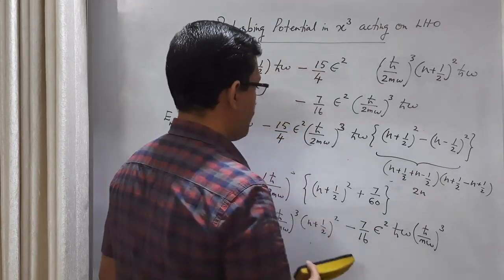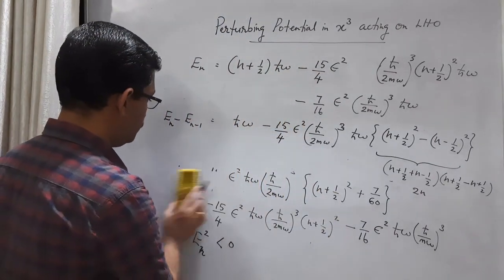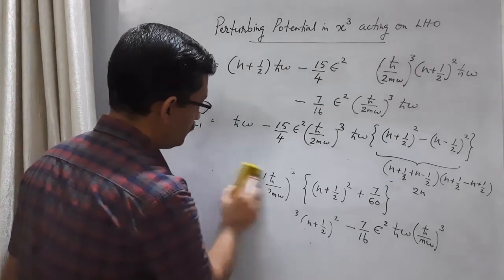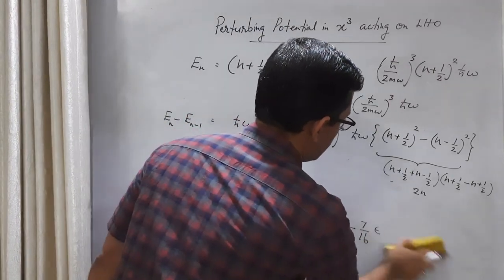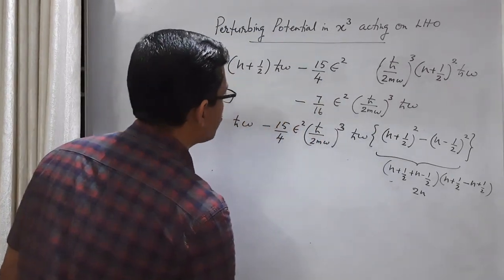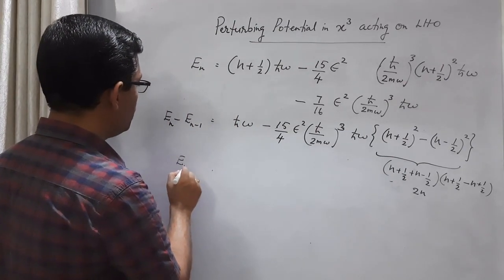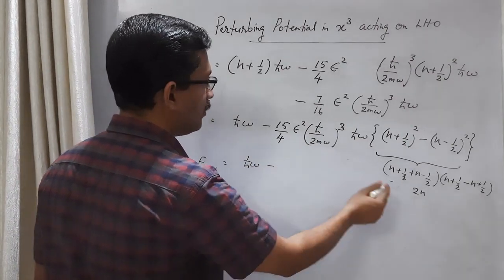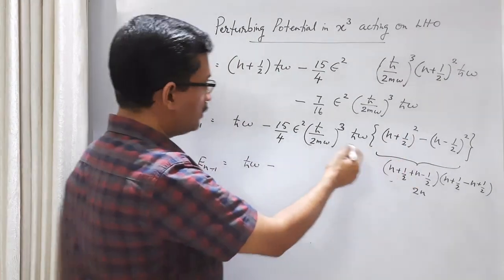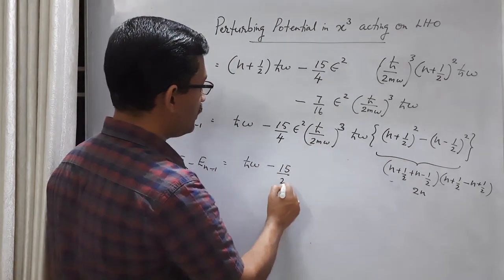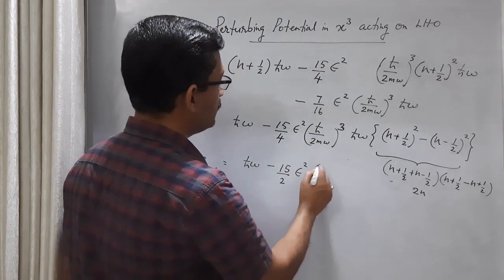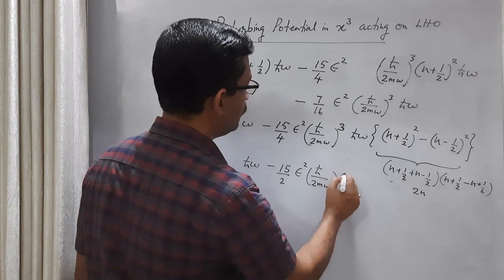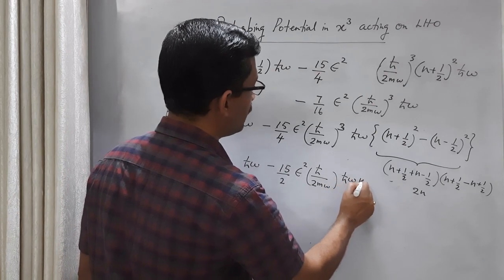Therefore, we have the separation between adjacent levels as h cross omega minus, there is a 2n from this curly bracket, so 1, 2 will cancel, so we have minus 15 by 2 epsilon square h cross by 2m omega into h cross omega into n.